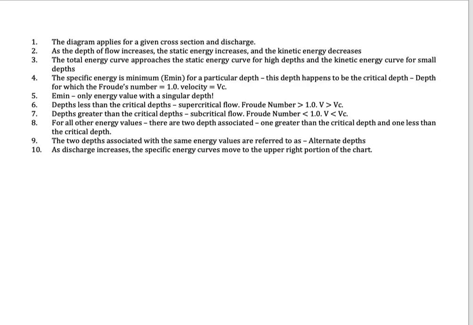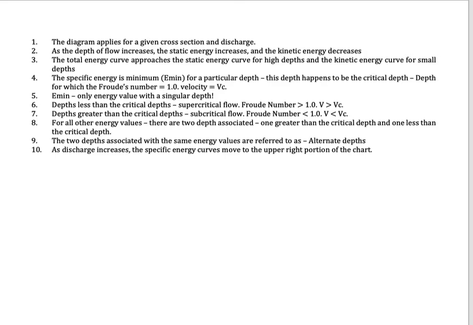This is the idea of the graph. You could read along; I will just read and show you the critical ideas. Number one, the diagram applies for a given cross-section and discharge. As the depth of flow increases, the static energy increases and the kinetic energy decreases.